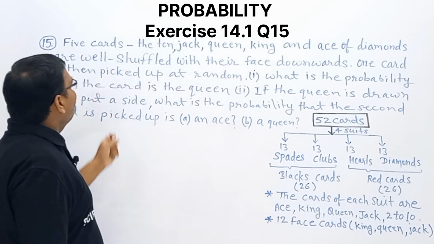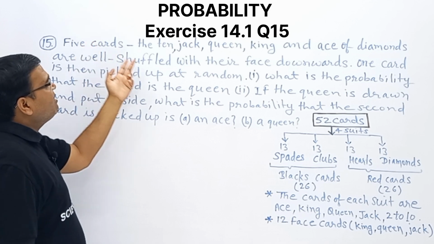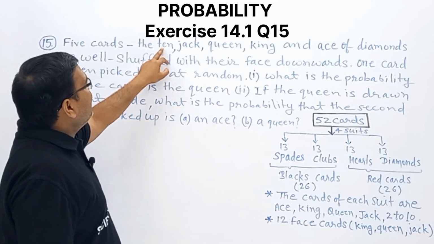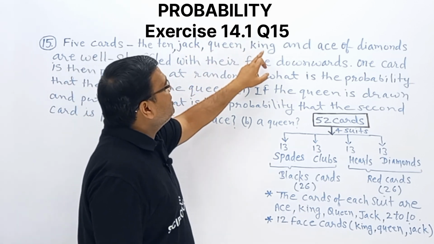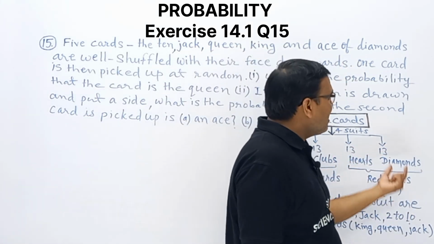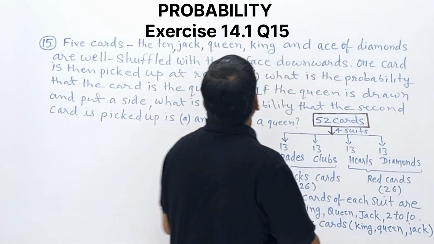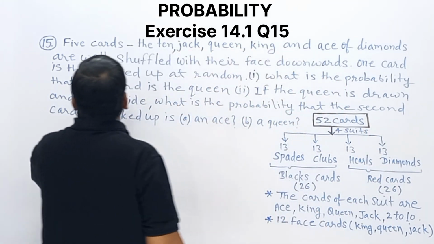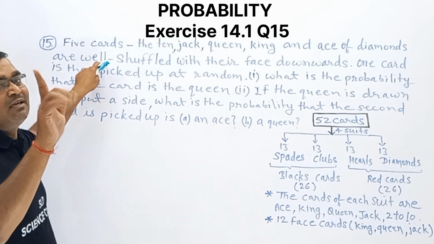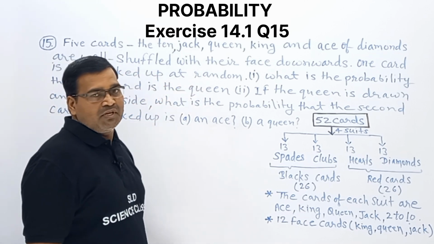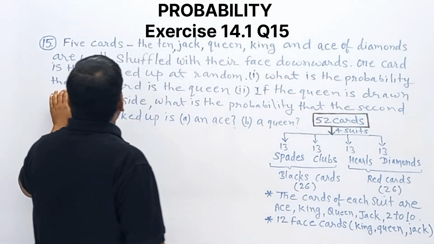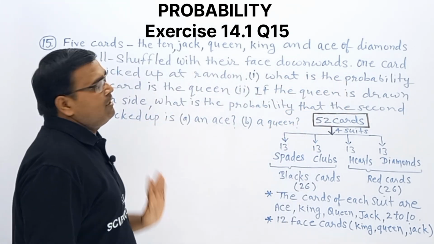We are picking 1 card at random. Clear? What is the probability that the card is the Queen?